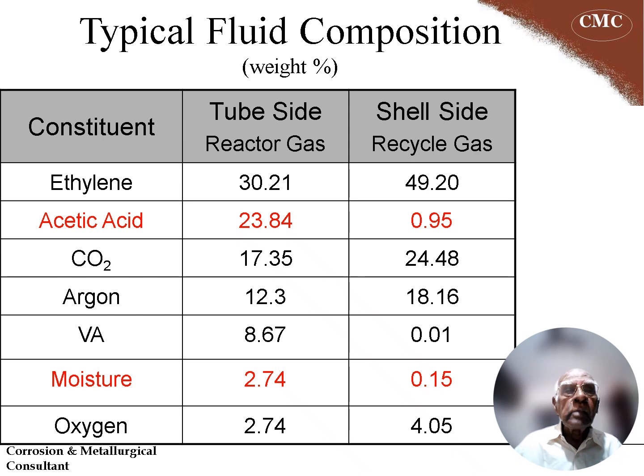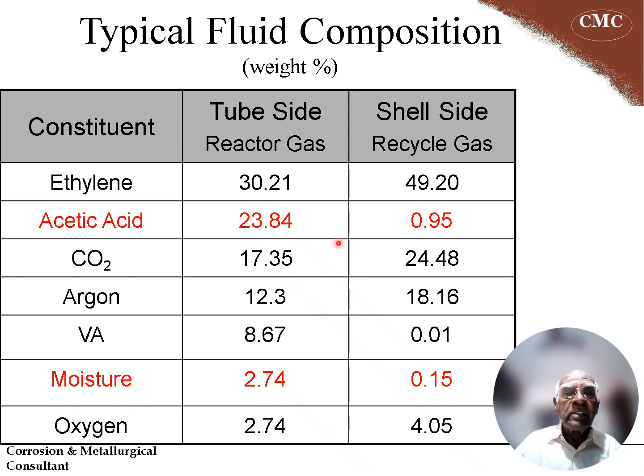So here is a typical fluid composition. The pure ester is not corrosive, and the acetic acid is corrosive provided it is in liquid form. Here you can see the tube side, coming from the reactor. Already it has so much acetic acid, whereas the cycle gas which is getting inside for reaction purposes has only a very little trace of acetic acid.